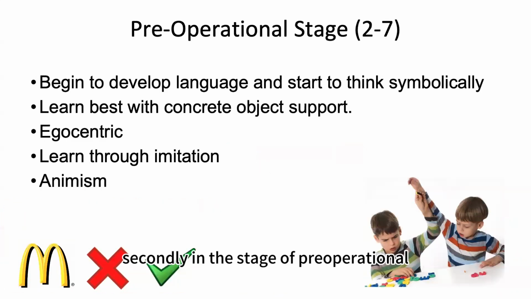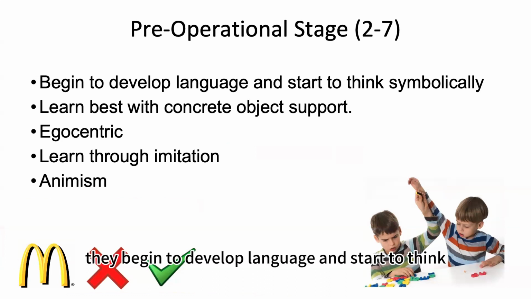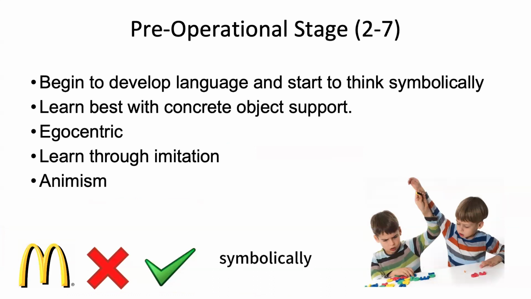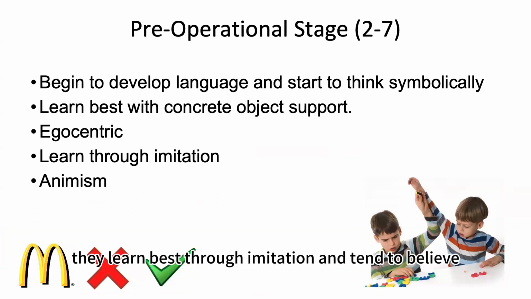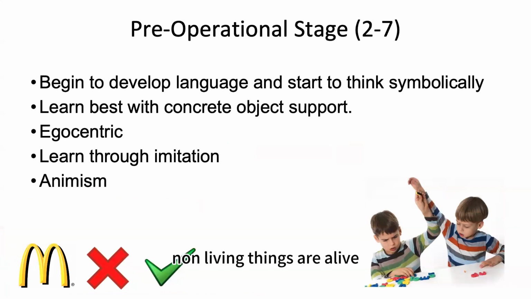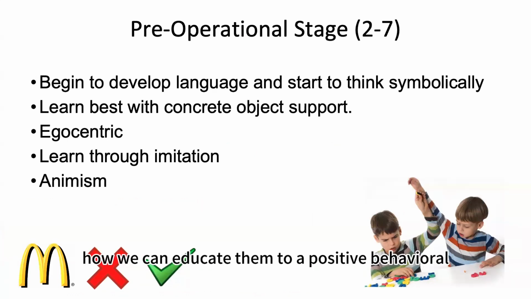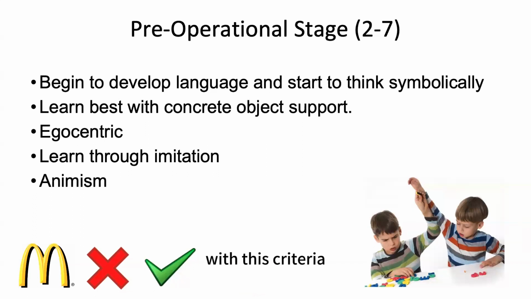Secondly, in the pre-operational stage, as we mentioned just now, they begin to develop language and start to think symbolically. They learn best with concrete object support. They learn best through imitation and tend to believe non-living things are alive. So based on this understanding, how can we educate them toward positive behavior with these characteristics?